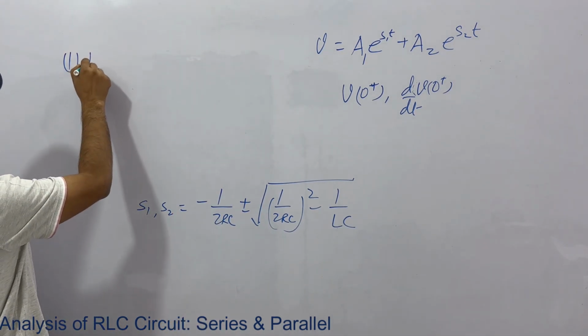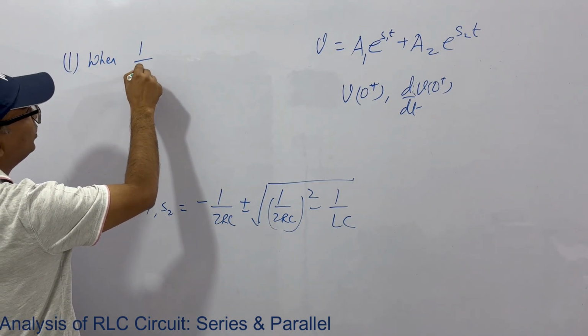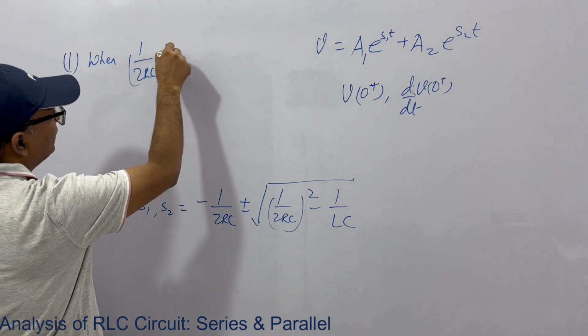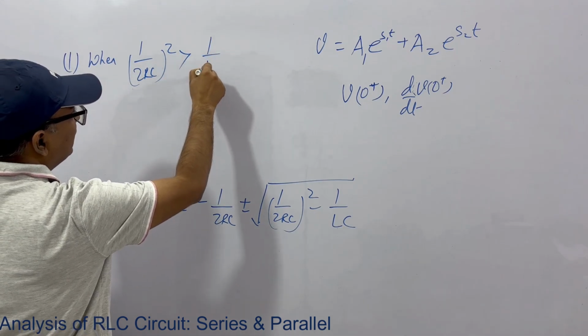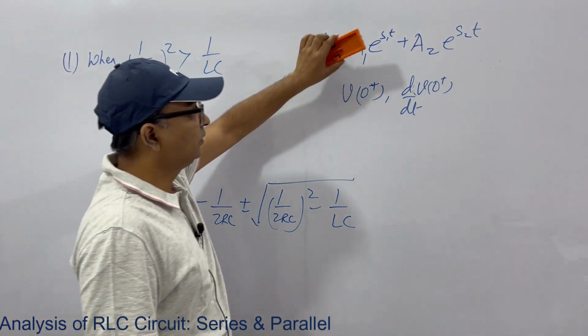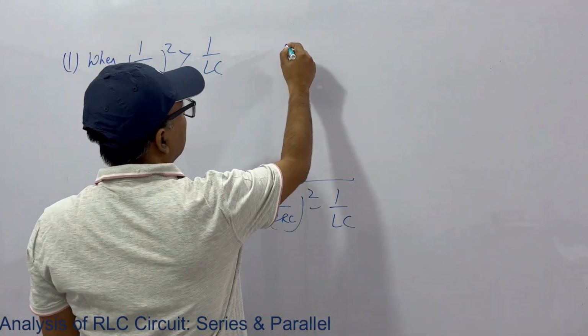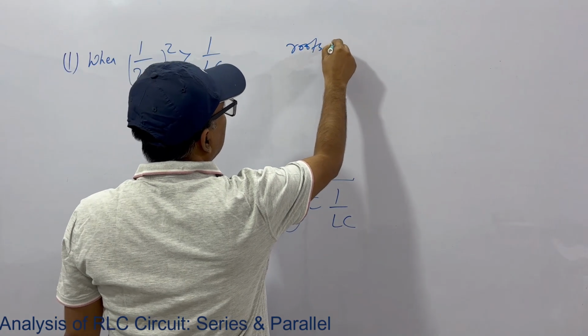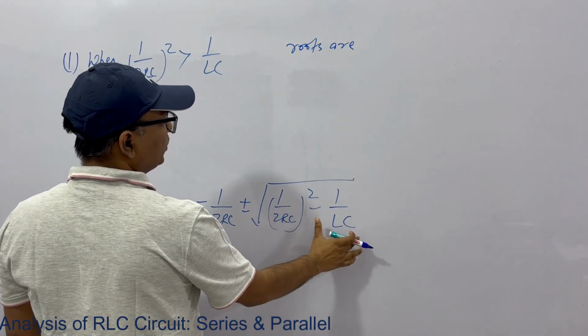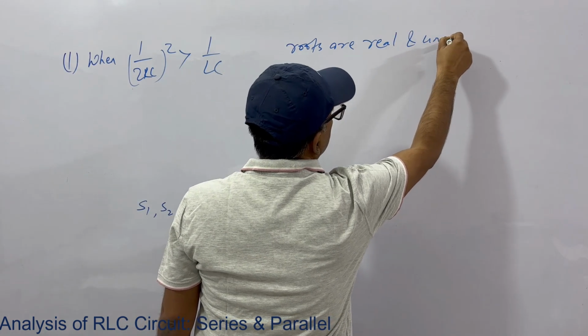First is when 1 by 2 RC square is greater than 1 by LC. In this case, the roots are real, because this is positive, and unequal.